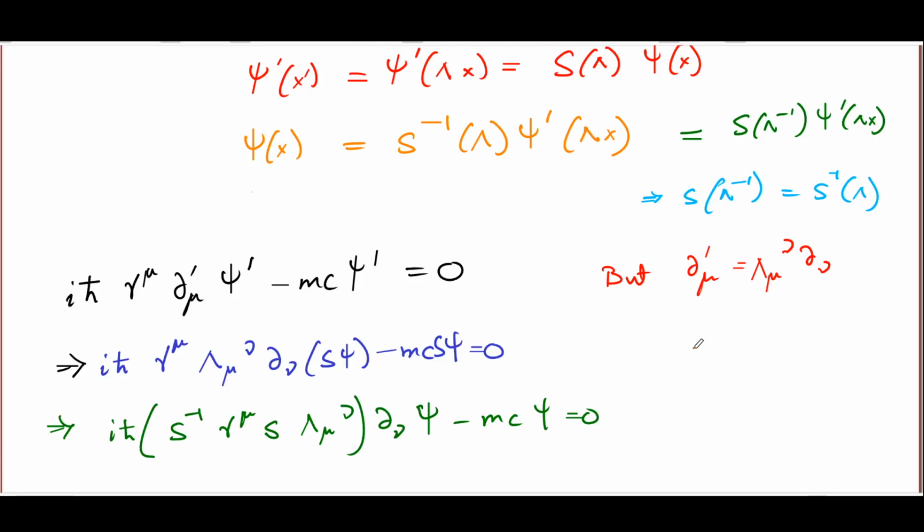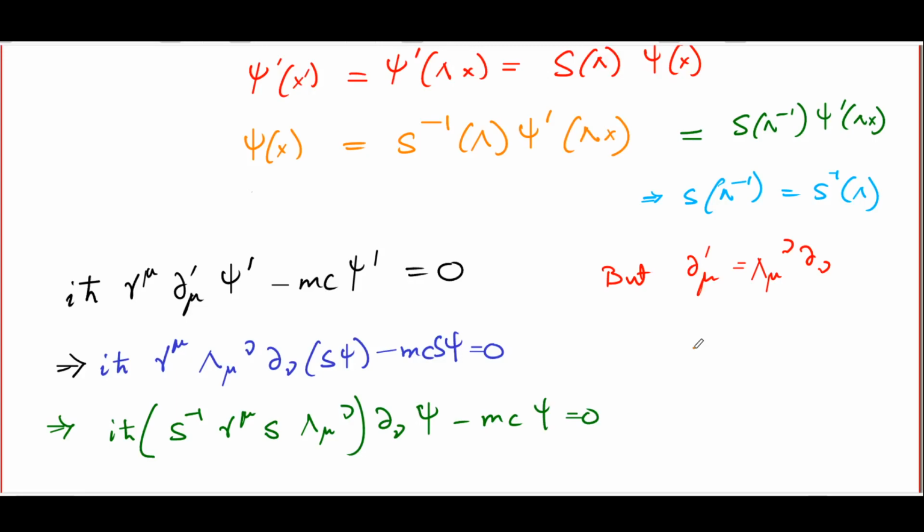Plugging all this in, the equation becomes i h cross gamma mu lambda lower mu upper nu del nu of S psi minus mc S psi equals 0, and multiplying both sides of this equation by S inverse, which exists as we saw a while ago, because S inverse lambda is S of lambda inverse, gives you the relationship i h cross S inverse gamma mu S lambda lower mu upper nu del nu psi minus mc psi equals 0.